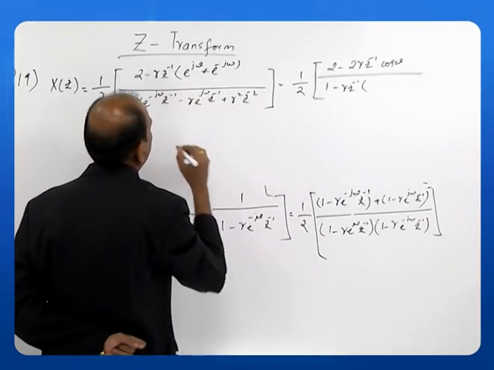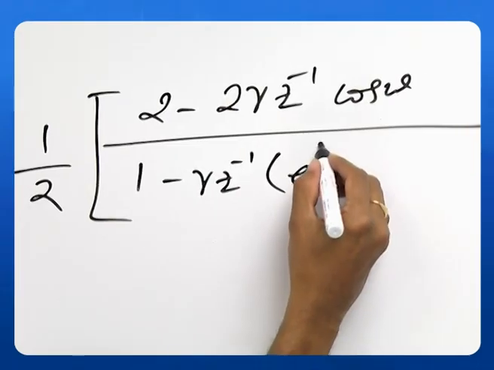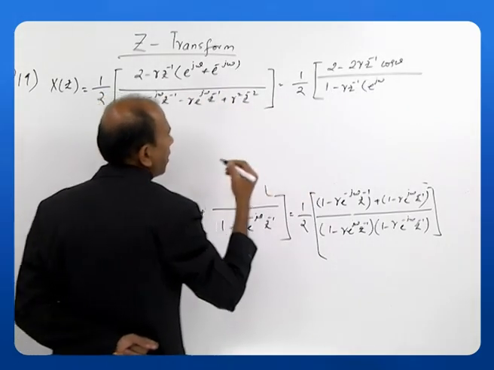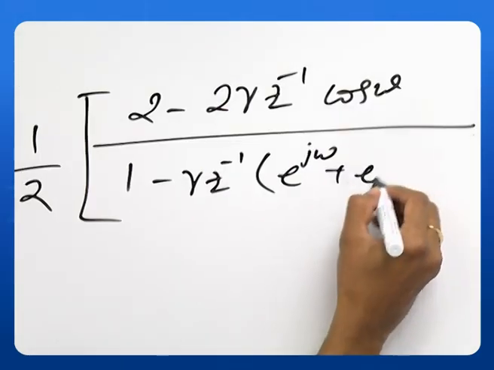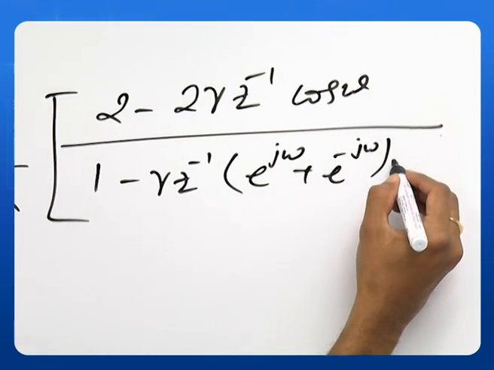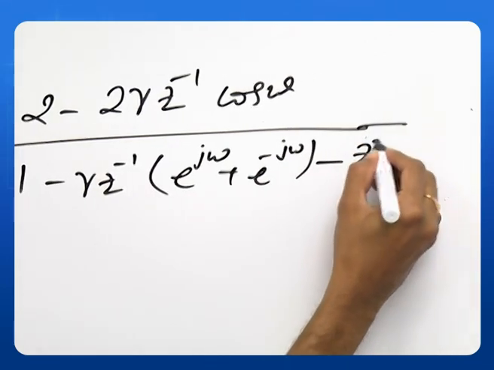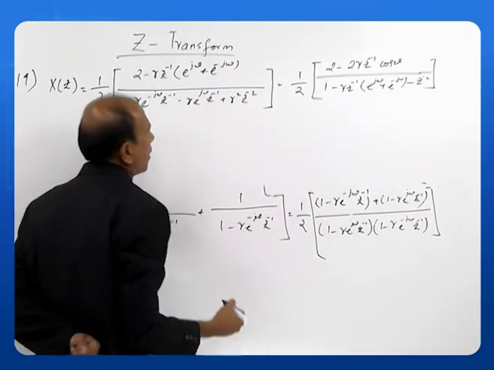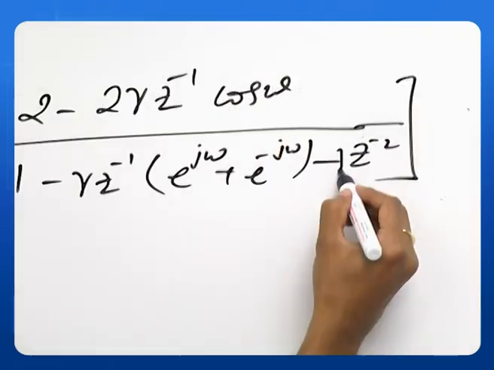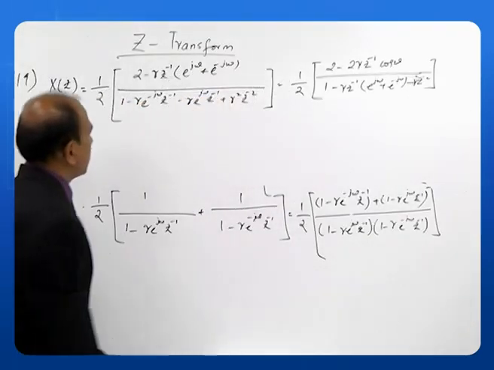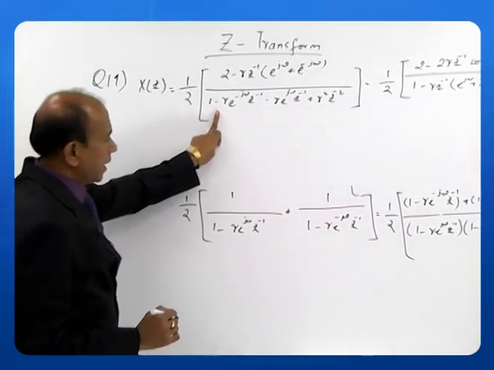So that will be equal to e^(j omega) plus e^(-j omega), minus z^-2 into r square. So r square also will add here. Okay, so this is what we will get here.